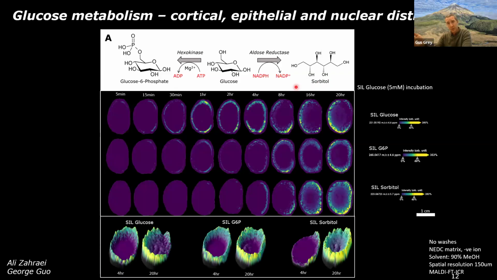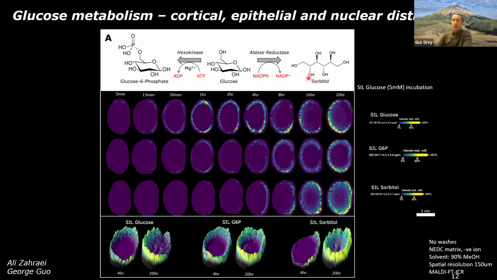Again, remember, this is in a normal lens, so sorbitol is formed in a normal lens, but it is overly abundant in a diabetic lens. We can see its formation. This shows a slightly different pattern. We get accumulation of the labeled sorbitol on the anterior surface first before being distributed throughout the lens. And we think that matches nicely with what we know about the enzyme activity of aldose reductase, which forms that sorbitol.